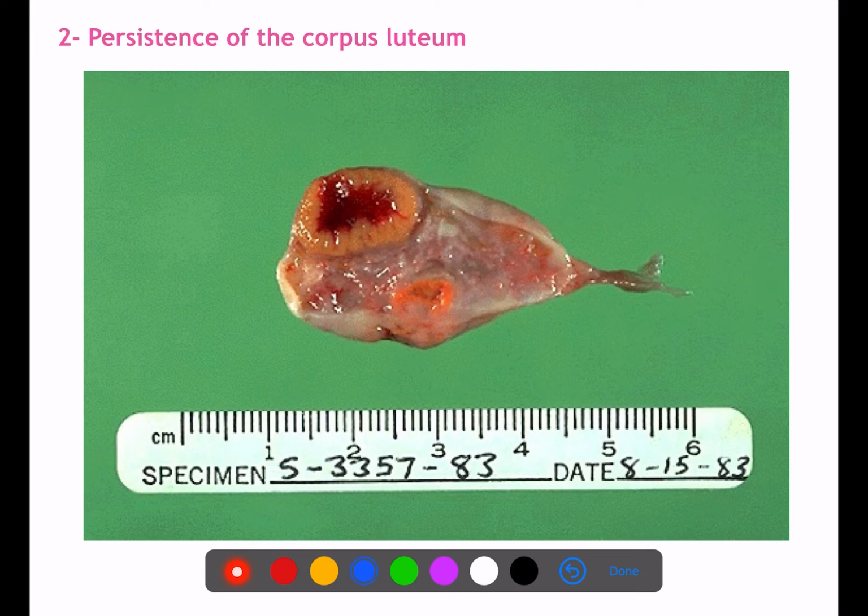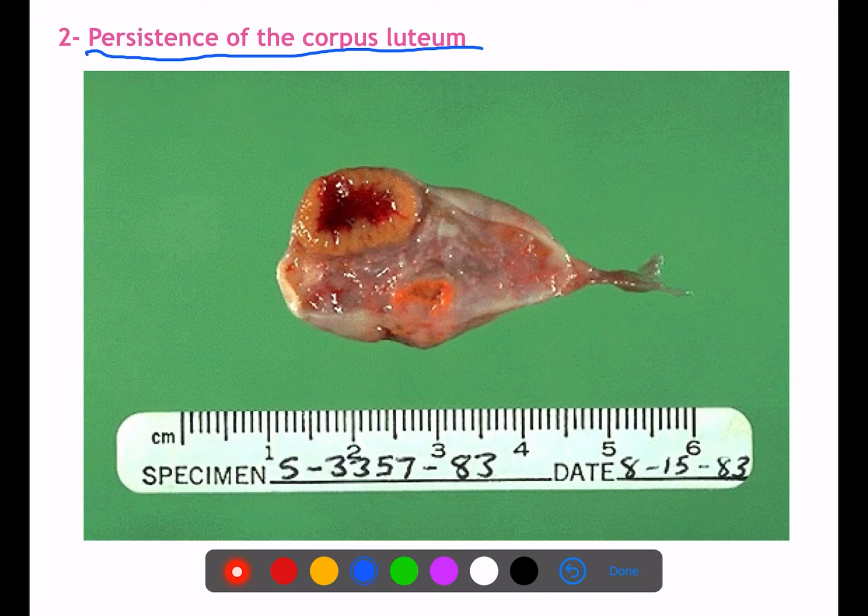So we can say the corpus luteum cyst is a follicular cyst developed to become a corpus luteum cyst, but the persistent corpus luteum means retention of the corpus luteum.